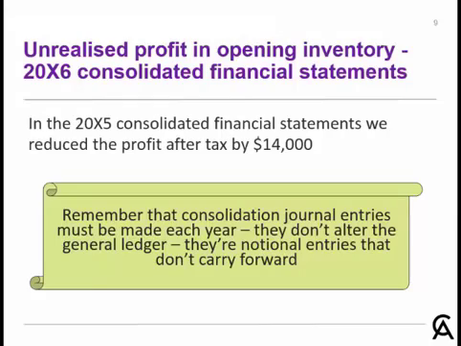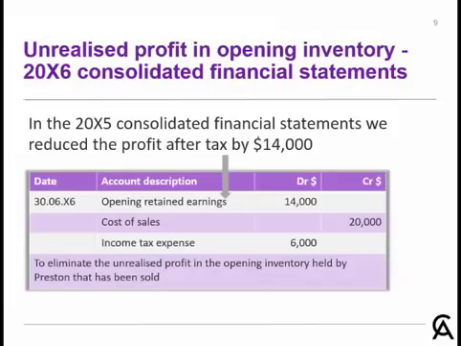So in the 20X5 consolidated financial statements, we reduced the profit after tax by $14,000. That was the $20,000 debit to cost of sales and the $6,000 credit to income tax expense. So therefore, we have to reduce our opening retained earnings by $14,000 to reflect the fact that last year on consolidation, we dropped profit by $14,000.